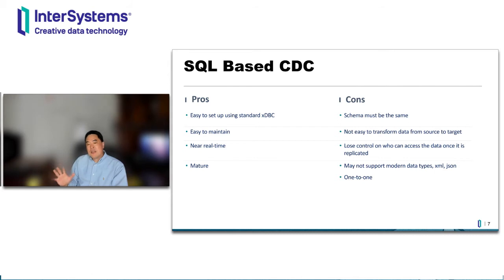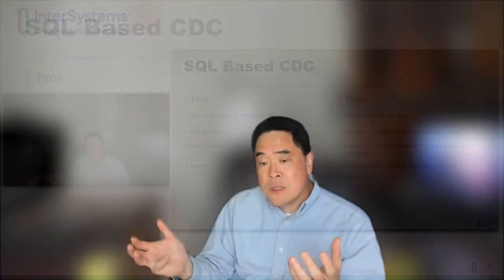But last but not least, I want to talk about some of the limitations of SQL-based CDC. Because we're talking about relational, old-fashioned SQL, they don't natively support many of the modern data types. Although you can store XML and JSON in SQL tables, it's not in the native format unless you store them as blob.